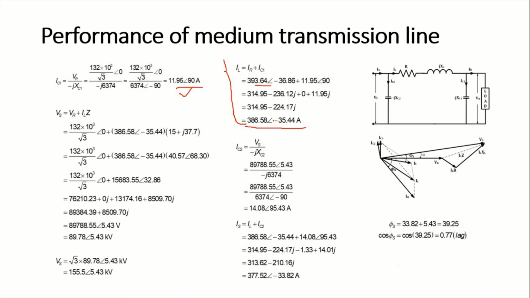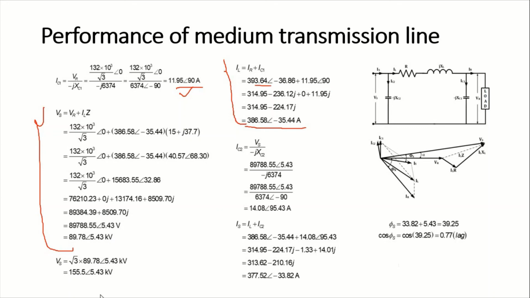From this IL and Z we have to find VS. So VS is equal to VR plus IL into Z. Put in all the values that we already calculated, and the final value of VS is 89.78 angle 5.43 kilovolt.